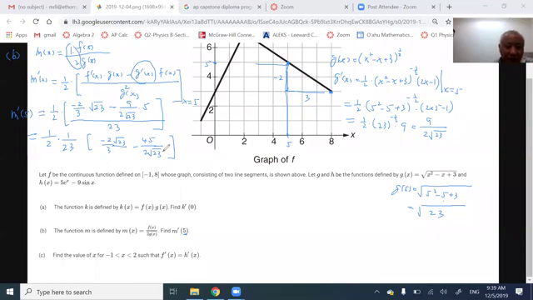Okay, now this part you can do what? Rationalize, right? You times by root 3 here, you times by root 3 here, okay? So this part will be here. 1 times 1 is 1. This one times this one is 46.